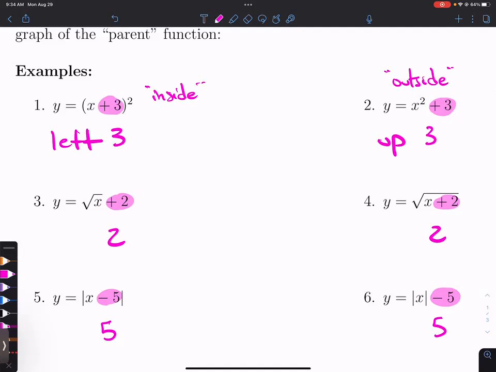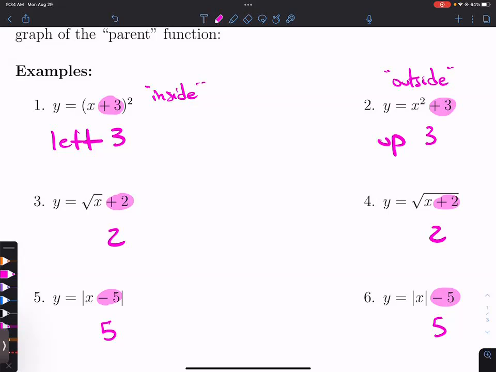3 and 4 kind of go together as well. Here, +2 is outside, and here it's inside, even though there aren't actually parentheses written down. But it's inside the grouping symbol, which here is the square root. This is why I keep using air quotes with inside and outside. The parentheses might be implied rather than actually there, but they mean the same thing.